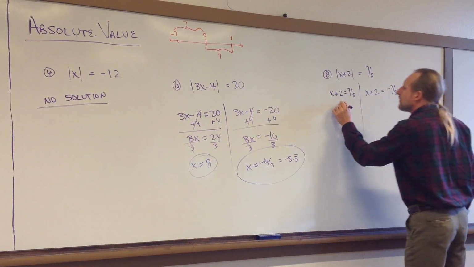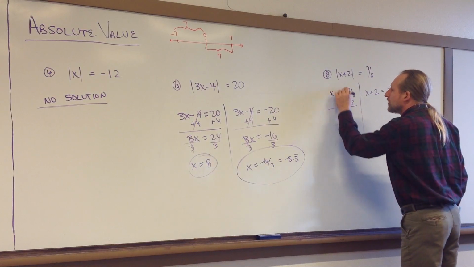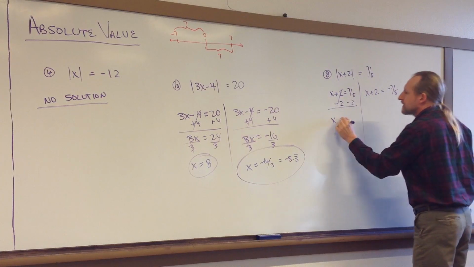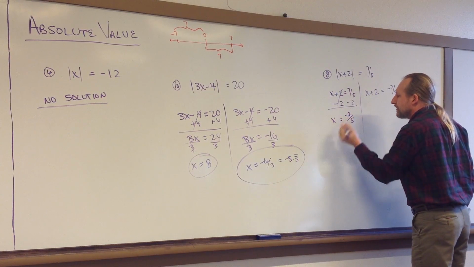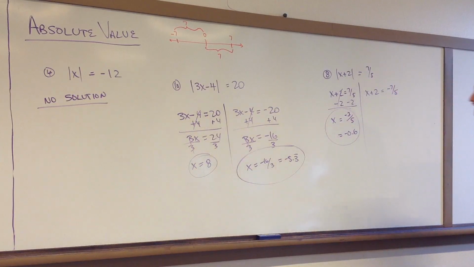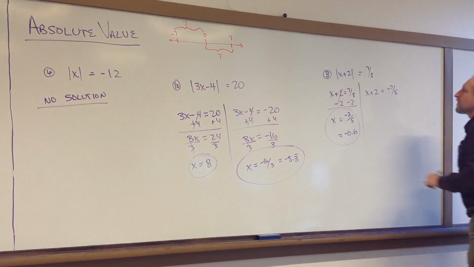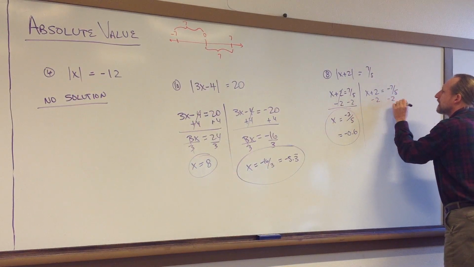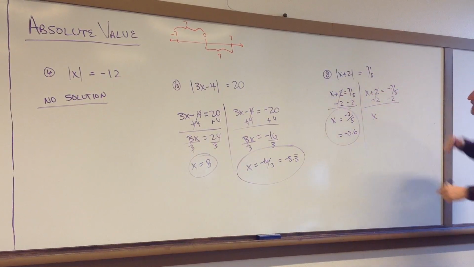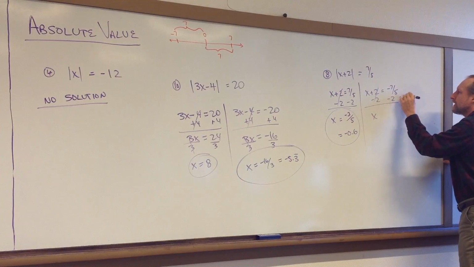All right, so let's see. We're going to subtract 2 on both sides. This is 10/5, so 7 minus 10 is negative 3/5. If you like decimals, you can do this all as decimals, and it would be negative 0.6. All right, let's subtract 2 again. Over here, negative 7 minus that 10/5, right?